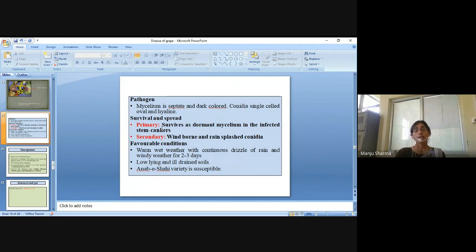That means if we are cultivating the Anab-e-Shahi variety of grapevine, then it will be susceptible to the disease anthracnose.